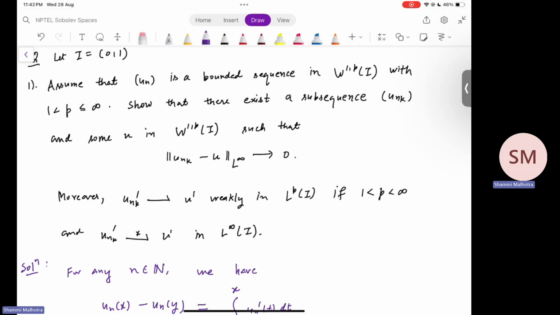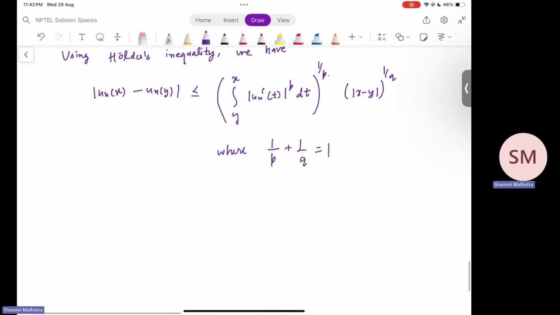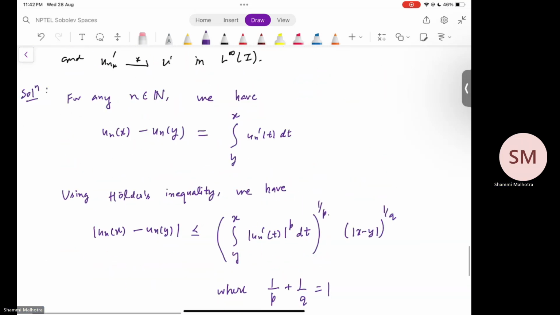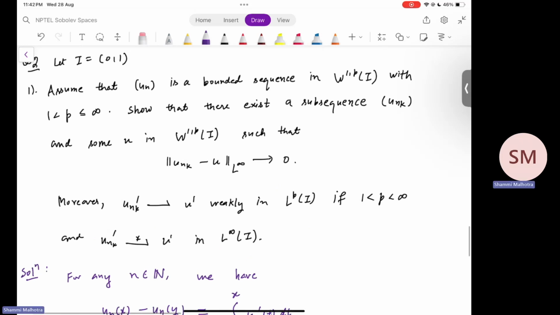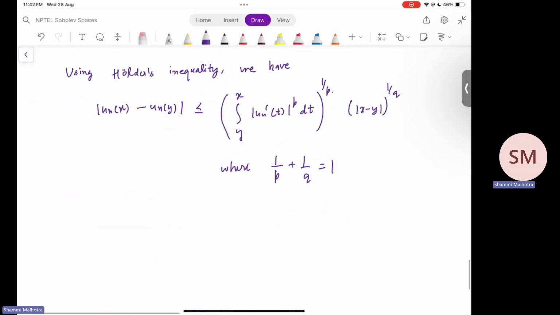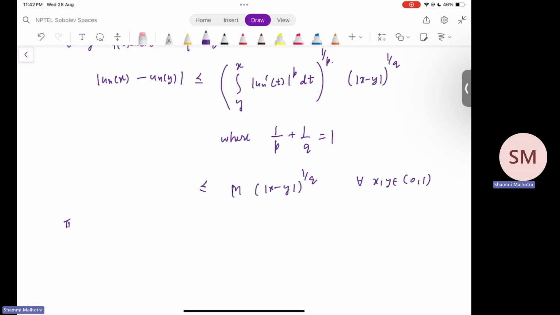Since u_n is bounded in W^{1,p}, this is bounded by some uniform constant times |x minus y| to the power 1/q, and that holds for all x, y in (0, 1). What this gives us is equicontinuity.